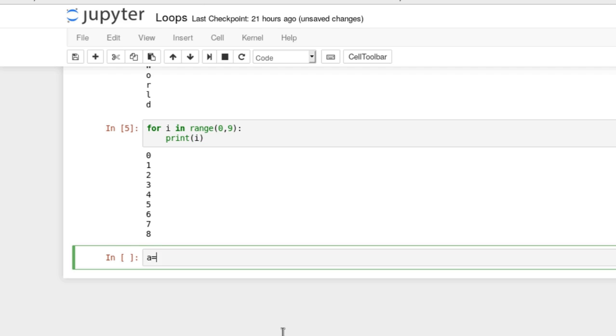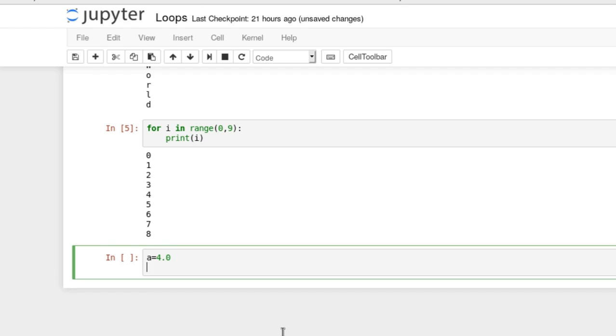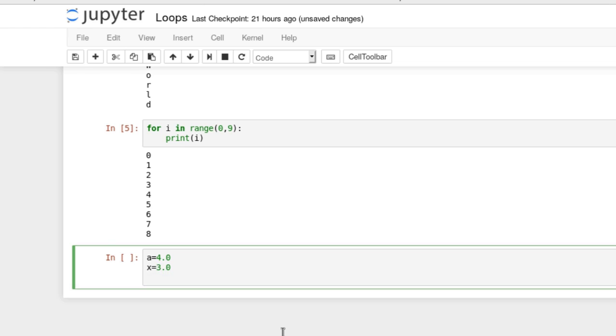So, the program is a equal to float, we need to define it as a floating value number, a equal to 4. Our estimate: we will be starting from x equal to 3, initial assumption x equal to 3. Then we will be defining a very small value epsilon, which is equal to 0.0001.